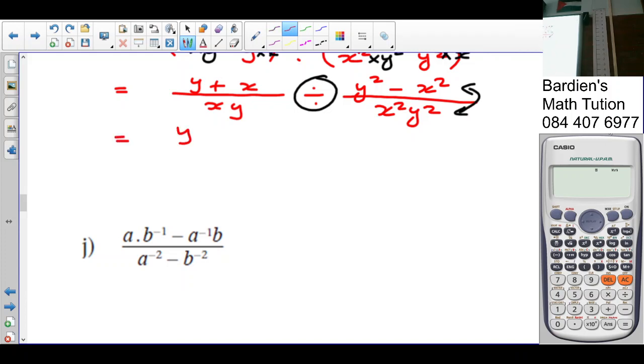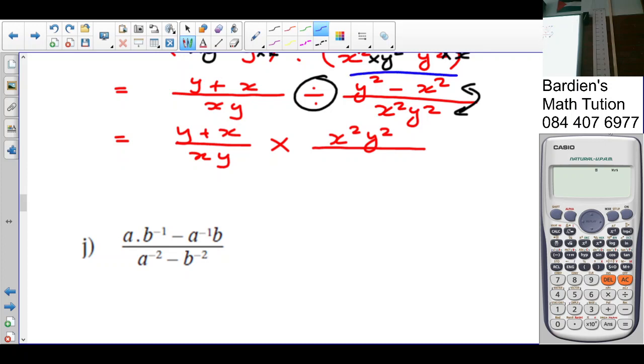So that gives us y plus x over xy must be multiplied by x squared y squared over the difference of two squares. You all agree difference of two squares can apply here. So it's going to give you y minus x, y plus x.